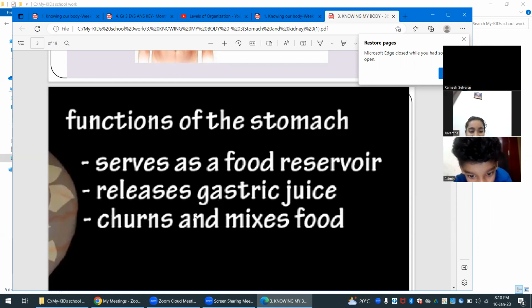Even if you eat beetroot, it takes very little time to digest. But if you eat pizza, it takes more time. The stomach has to work hard to digest pizza. Instead of pizza, you should eat something digestible, like vegetables.